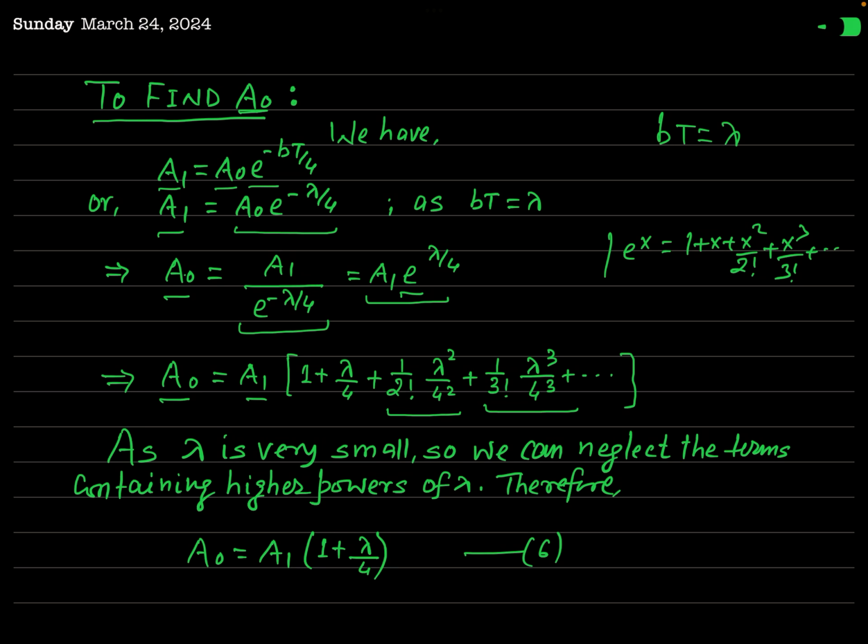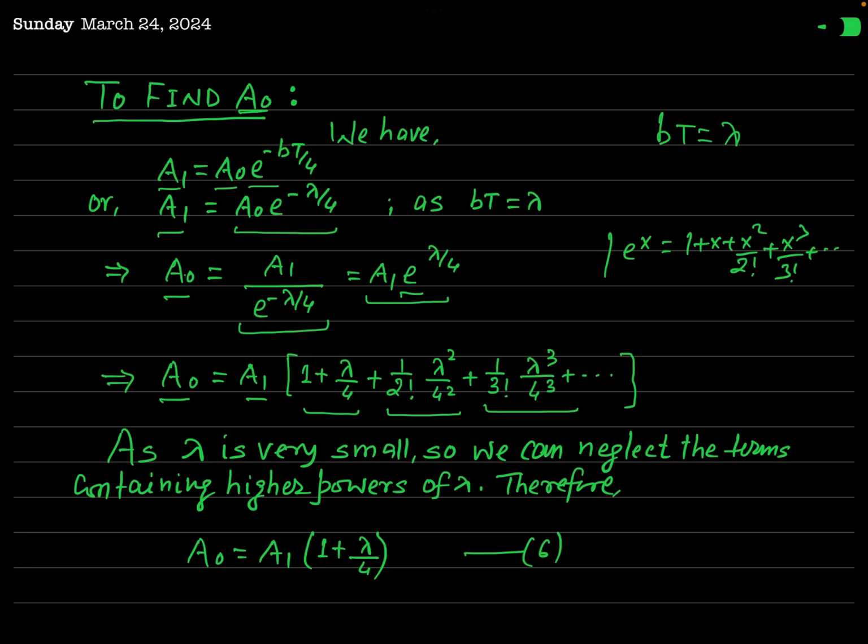But lambda is a very small quantity. Its value is very small. And as lambda is very small, so lambda square, lambda cube, lambda 4, these will be much smaller, and all those values can be neglected in comparison to this 1 plus lambda by 4.